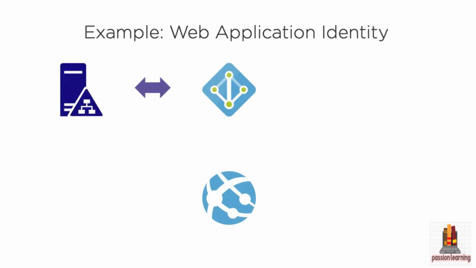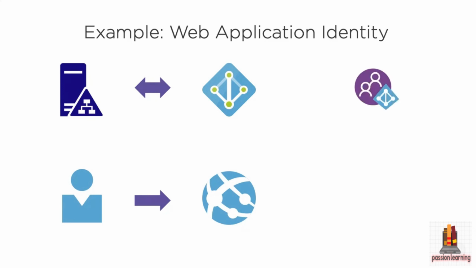So you could set up the directory sync to make sure your internal Active Directory is synchronized to your Azure Active Directory, and all those users are represented. And then those users will be able to log into your web application using their enterprise credentials. There are also facilities for setting up single sign-on so that they won't have to go through a login process if they're already logged into a machine with those credentials.